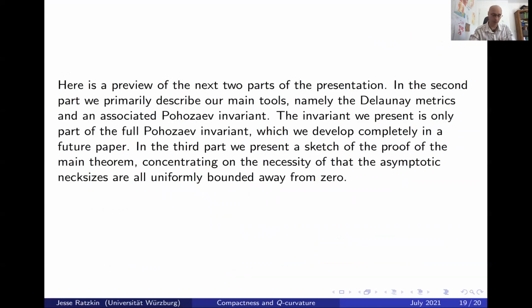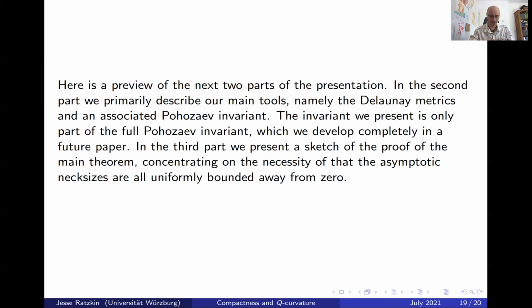As a preview of what we're going to see in the second and third parts of the presentation, in the second part, I will discuss some of the tools. Primarily, I'll describe the Delaunay metrics, and I will also describe an associated Pohozaev invariant.